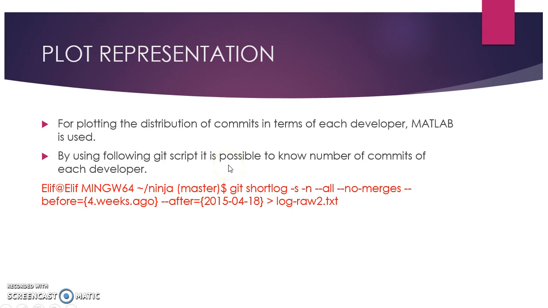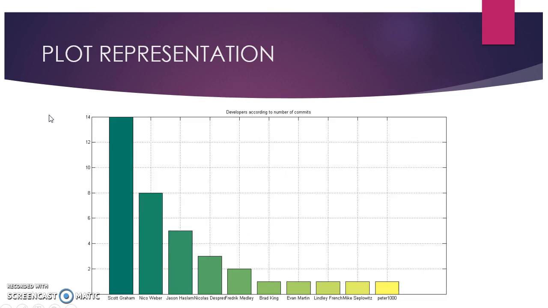For plotting the distribution of commits for each developer, we use the MATLAB tool, and by using the following git script, it's possible to know the number of commits of each developer, as I mentioned in the previous slides.